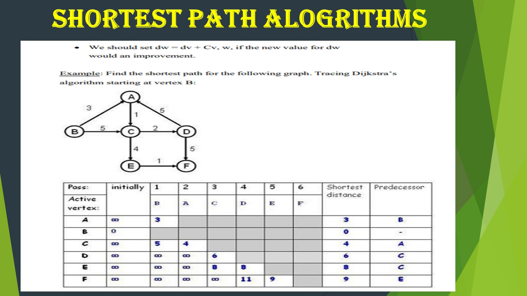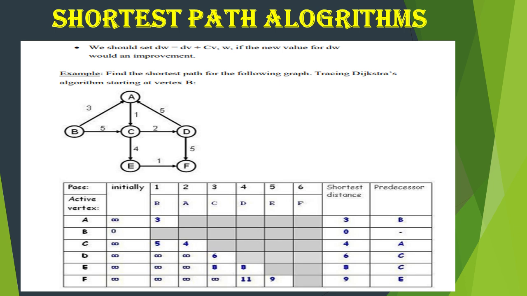From A we have to visit all the other vertices. From A, there is only one edge, to C. Its value is 1. So from the start vertex we add B to A, 3, then A to C, 1. So 3 plus 1 is 4. So from B to C the cost is 4. Already we have visited A, and now we have visited C, so we have to visit from C to all other vertices.